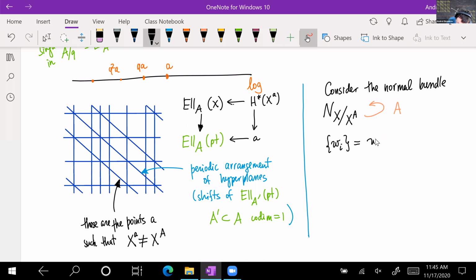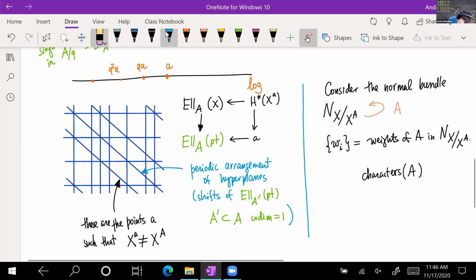These are the weights of A in this normal bundle. So this is a picture in the torus, and these are the picture in the character lattice of the torus. So there's a character of A, some subset.